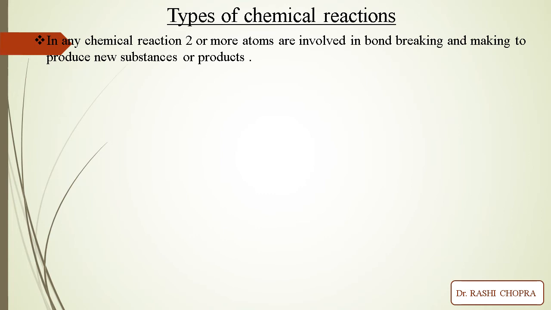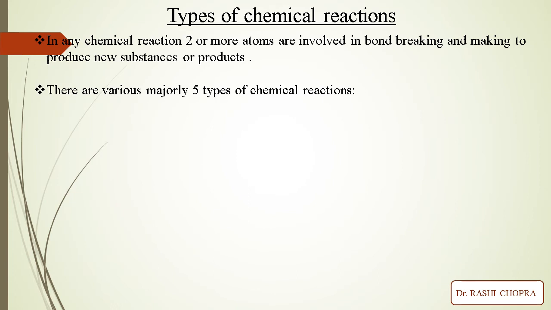So in a chemical reaction, 2 or more atoms start breaking their bonds, and then the reaction moves further. They start again making their bonds, and they give us a new substance. A new product is formed by bond making. So this is what happens in any chemical reaction.